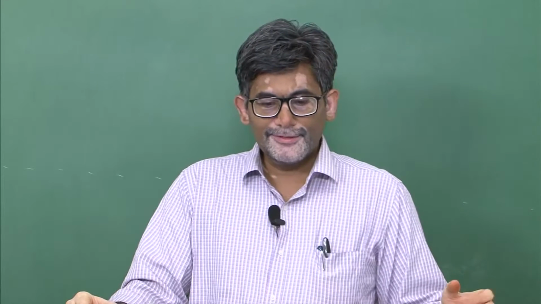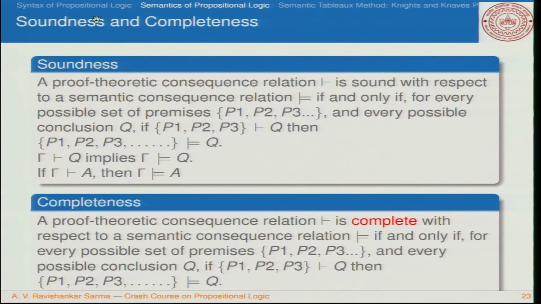So a proof theoretic consequence relation, single turnstile, I have used two symbols, single turnstile and double turnstile, is considered to be sound with respect to a semantic consequence relation, double turnstile, if and only if for every possible set of premises, let us say P1, P2, P3 etc., and every possible conclusion Q, if Q follows from P1, P2, P3, then Q has to be a logical consequence of P1, P2, P3.